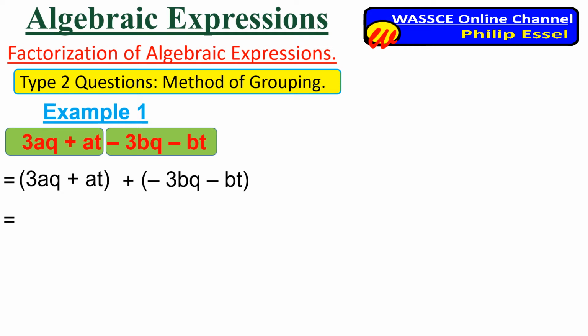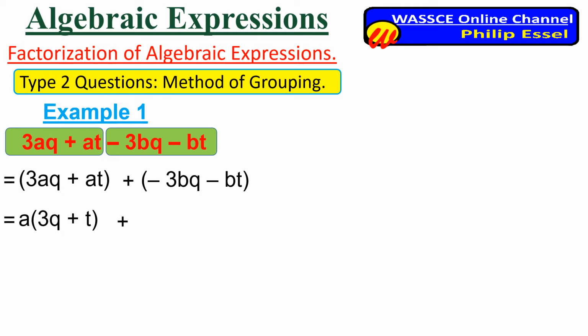So when we factorize this, we would get a outside of the bracket, then 3q plus t, bracket closed. We would now bring our plus sign, then we'll factorize the second group.